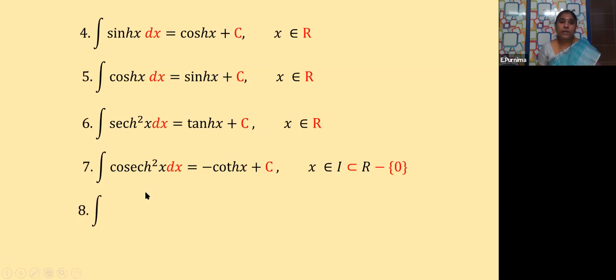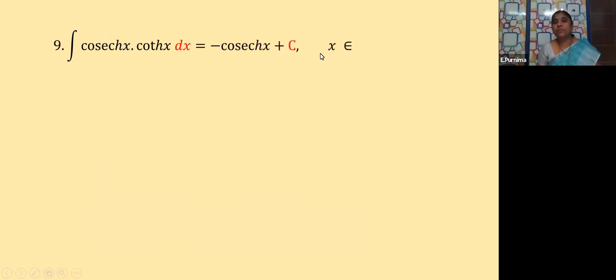Next one is integral of secant hx into tan hx dx is equal to minus secant hx plus c, x belongs to R. Next, let us see the ninth formula, children. Integral of cosecant hx into cot hx dx is equal to minus cosecant hx plus c, x belongs to I subset of R minus 0. So except at 0, all values are applicable here.